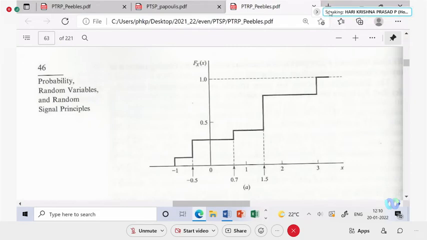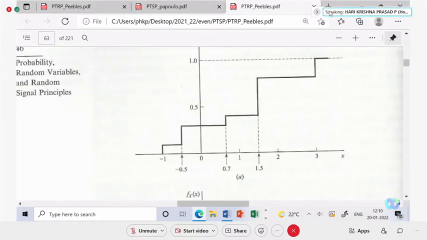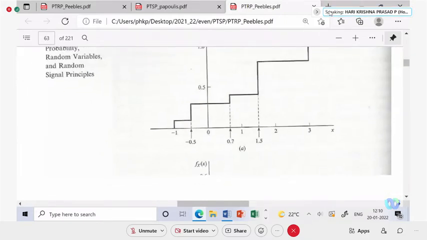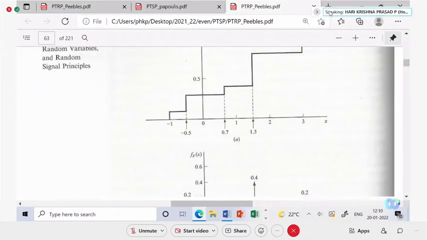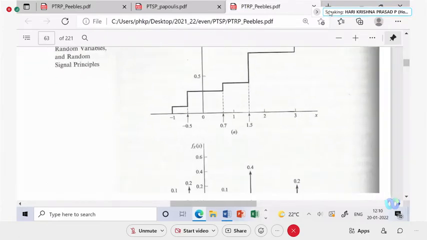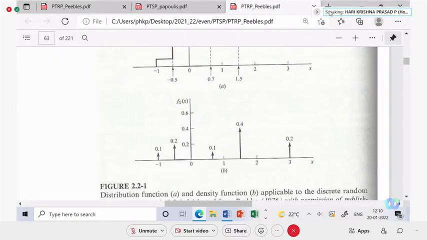When you take the derivative, whenever there is a discontinuity, you will get an impulse. So where do we expect impulses? At x equal to minus 1, x equal to minus 0.5, x equal to 0.7. Now you see the density function.